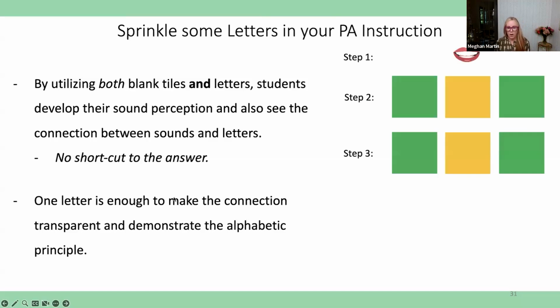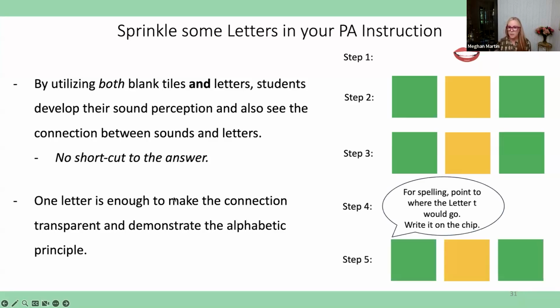So if the word was mat, the student would echo mat, and then we would go through and segment at. Then we're going to touch those chips and say the sound again, at. And then after this step 3, this is the new part. This is where you as the interventionist or teacher would say, if you were spelling mat, where would the letter T go?